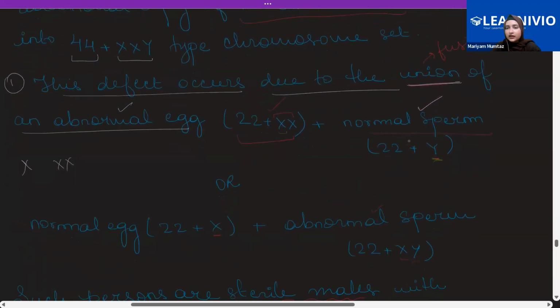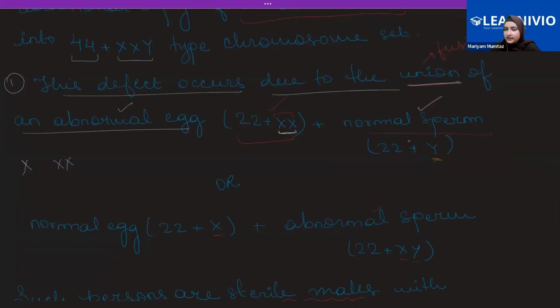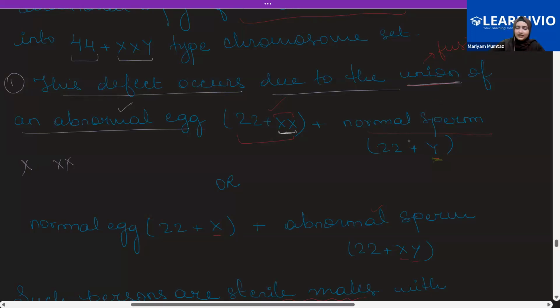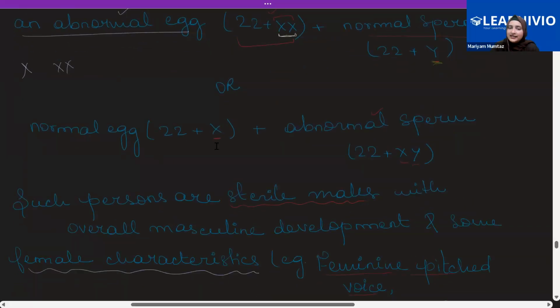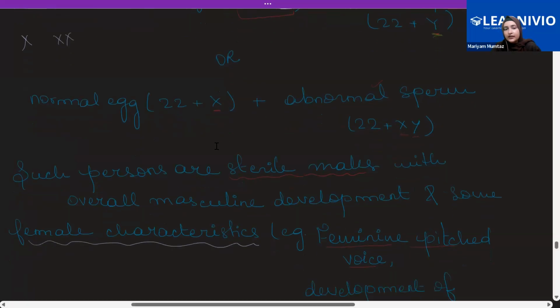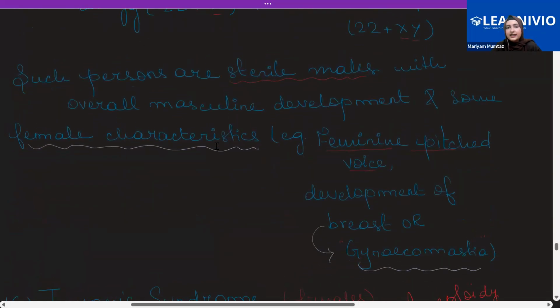So this defect would occur due to the fusion of an abnormal egg, which has two X chromosomes, with a normal sperm. Normally, an egg is supposed to have one X chromosome because the egg is haploid. Or a normal egg with one normal X chromosome fuses with an abnormal sperm, which has X and Y. These people are sterile males. They cannot reproduce.